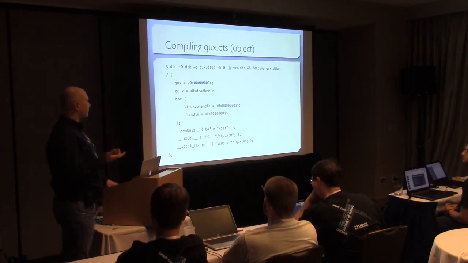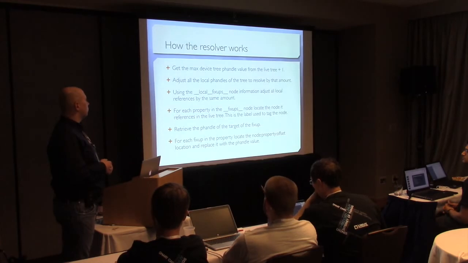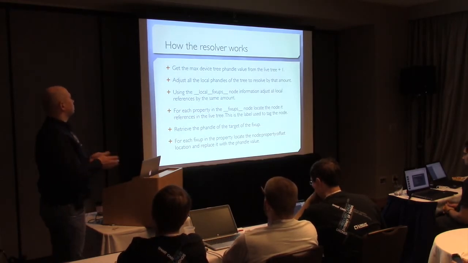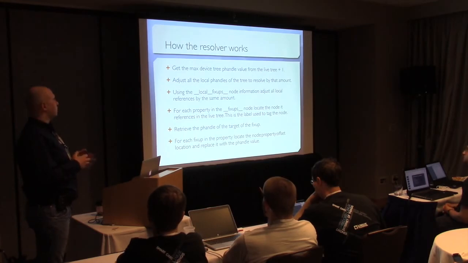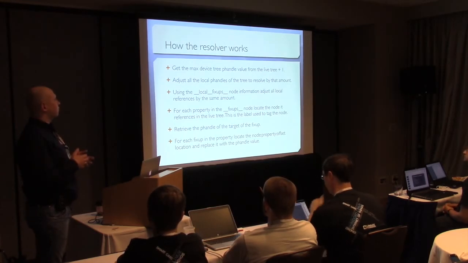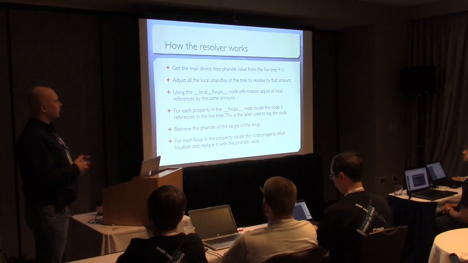So it's like an object file, but it's expressed like a device tree blob. So we need to have a resolver. The resolver is not that complicated. You find the maximum device tree phandle value, and you keep track of it.